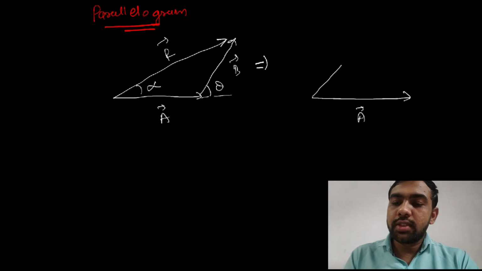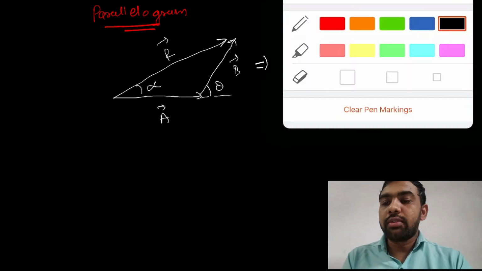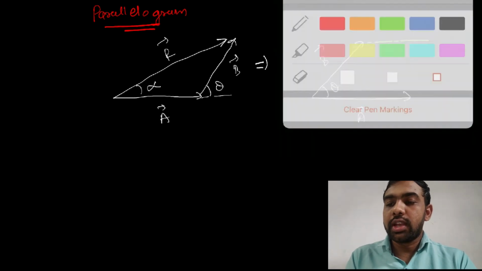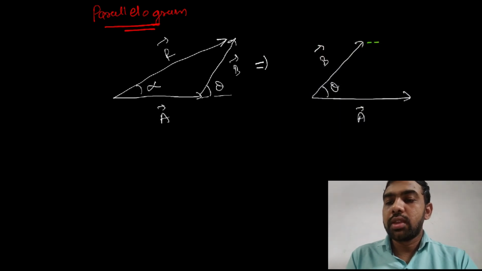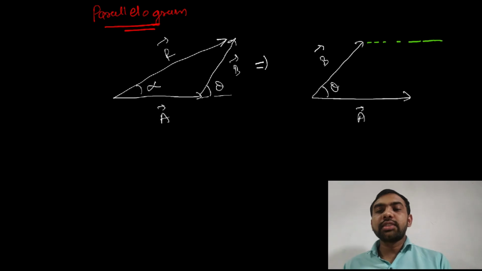Now you draw B somewhere here at an angle theta. At theta angle you draw B like this. Now you draw one line parallel to A at the head of B, and its length is also equal to A.